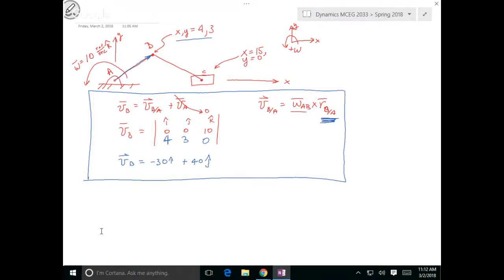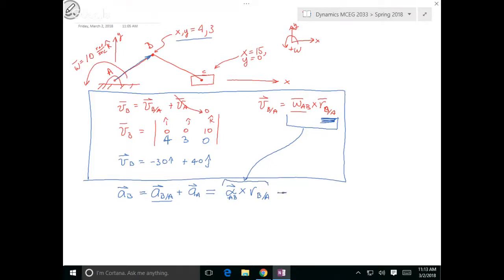So if you look in the text, you've got the acceleration of B equals the acceleration of B relative to A plus the acceleration of A. The difference here, and I'll sort of express this one, becomes alpha cross R_BA, and this should be AB, which looks a whole lot like that.